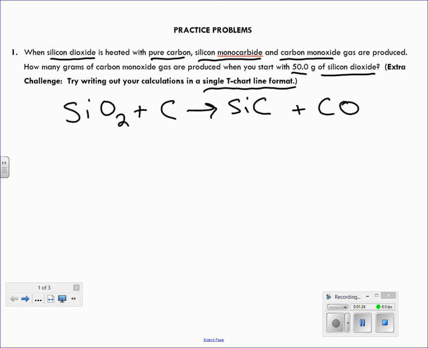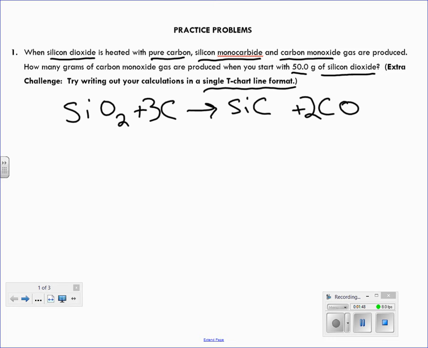Remember that beyond writing it, I also have to balance it. So if I have 2 oxygens on this side, I'm going to need a 2 there to balance out my oxygens. My silicons are balanced as written. I have 1 carbon here and 1, 2, 3 carbons over here, which means I need 3 right there. So this is my balanced equation.